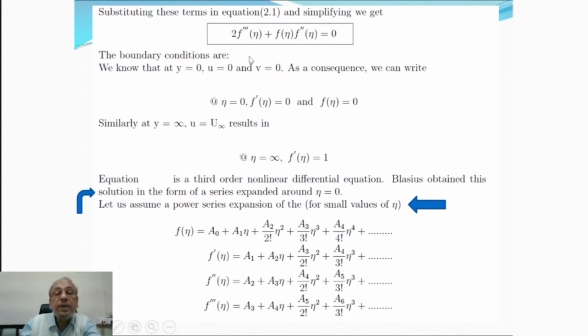And boundary conditions, if we try to recapitulate: at y equal to 0, u equal to 0, no slip condition, v equal to 0, impervious boundary condition.